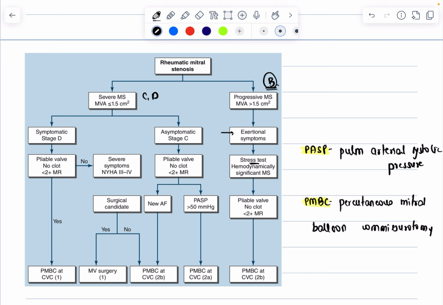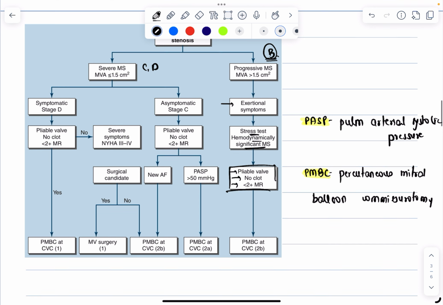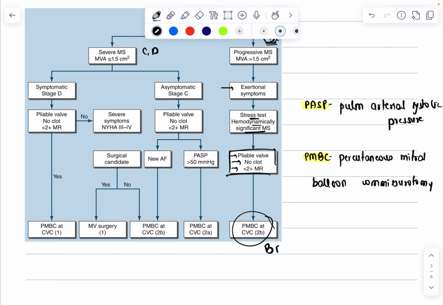And if in the stress test the patient has hemodynamically significant MS and the valve has good anatomy, like the valve is pliable, there is no clot, and the mitral regurgitation, if present, is less than 2 plus, then we can go for percutaneous mitral balloon commissurotomy, also known as balloon mitral valvotomy.